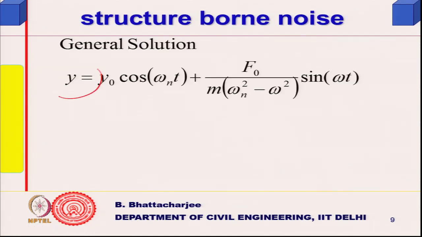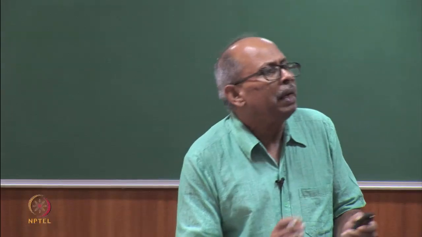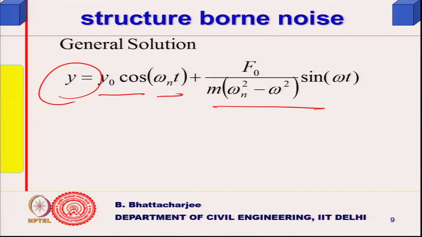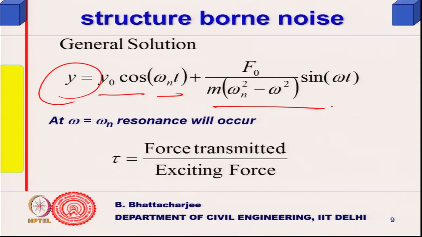So, I can write the general equation as y 0 cos omega n t, because of the natural frequency point of view, plus a sin omega t, because of the forcing function. Earlier, without the forcing function, this was the case, and then we defined something called force transmissibility, force transmitted divided by exciting force.